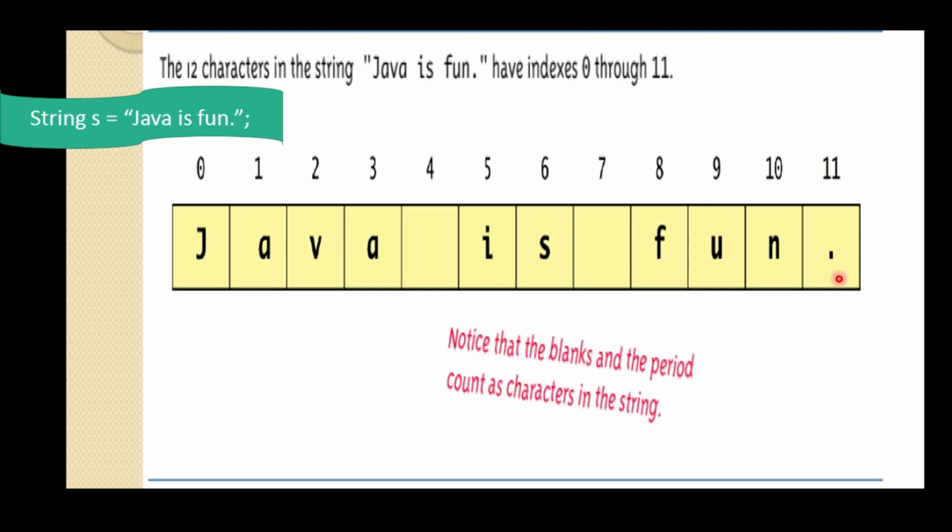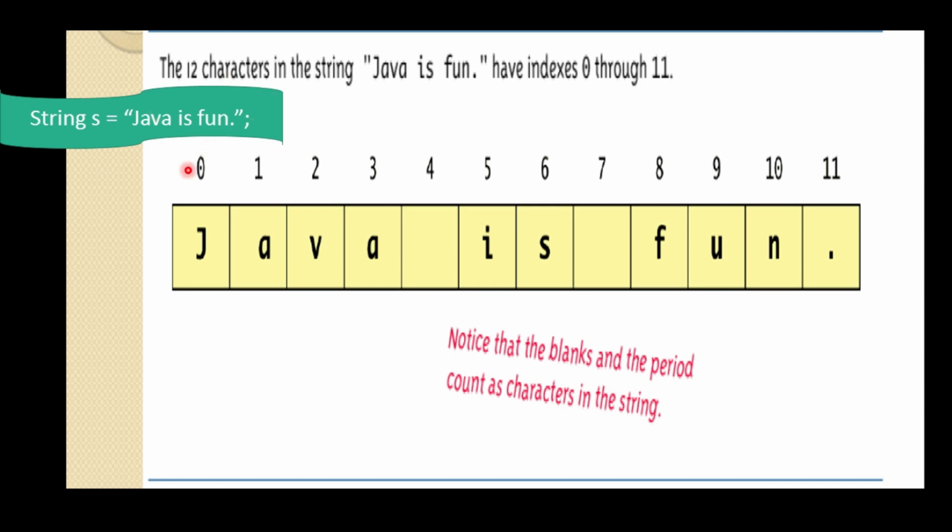Now when you represent these characters, each has an index position. Index position always starts from 0 and continues 1, 2, 3, 4, 5, 6, up to the number of characters in the string minus 1. In our string, when you count, we have 12 characters.